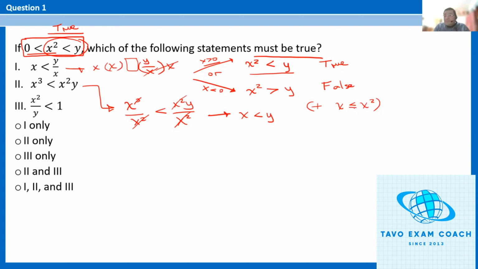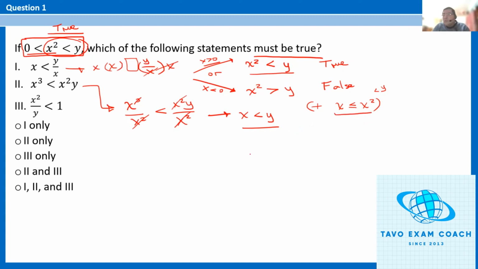Because if x is less than x squared and x squared is less than y, then by transitivity you would have to say this.